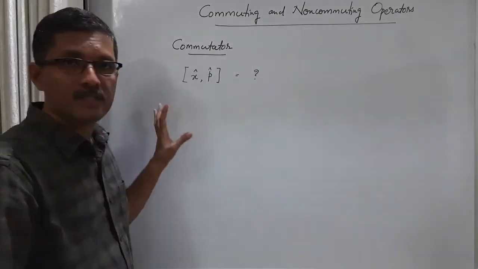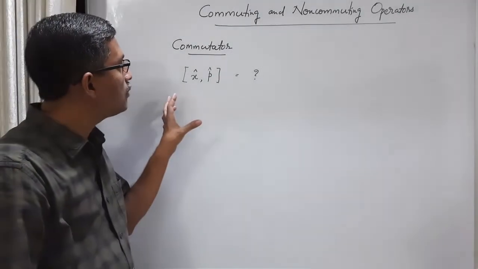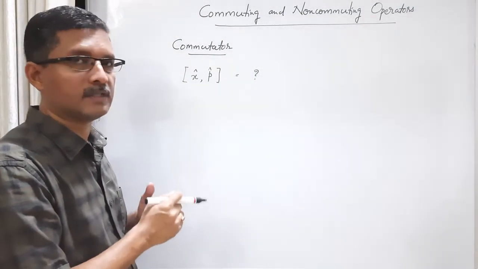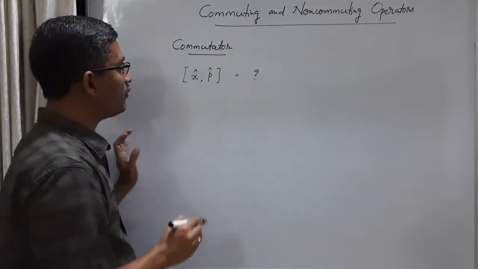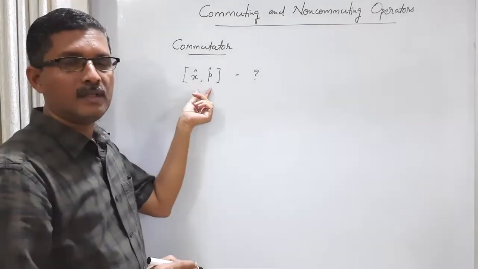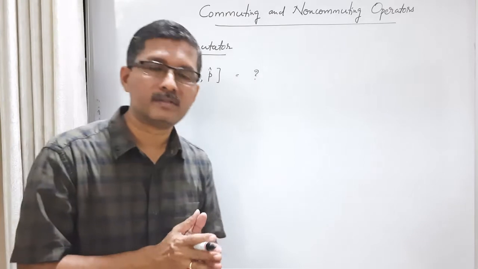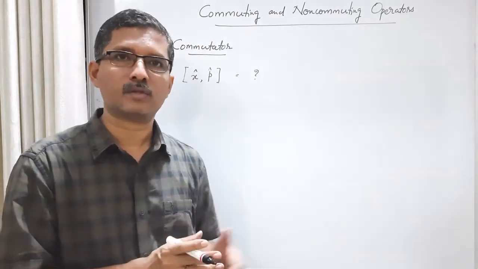In order to evaluate any commutator, or calculate any property of a commutator, we remember that if A and B are two operators, AB is an operator, BA is an operator, so AB minus BA is also an operator.